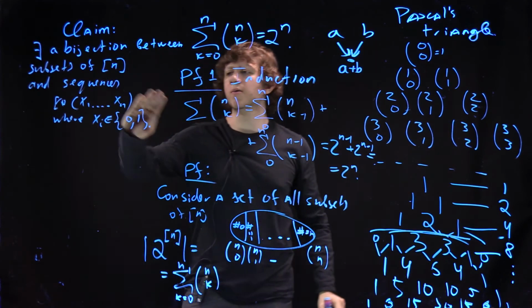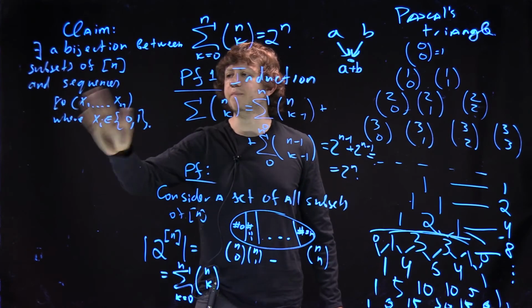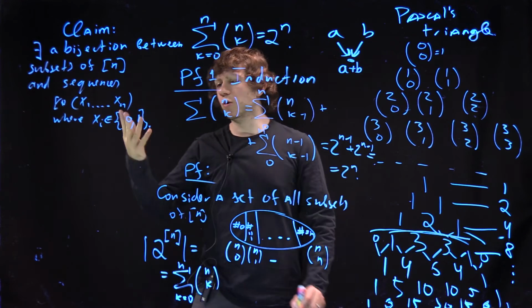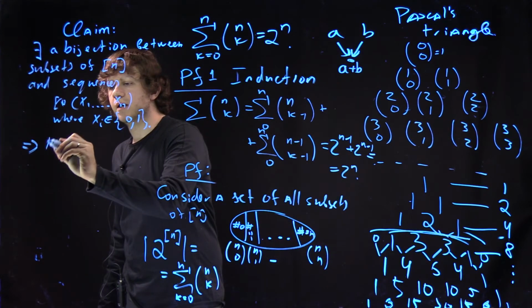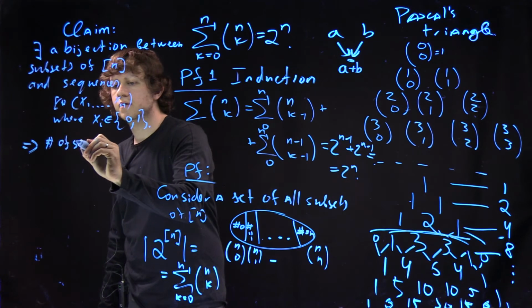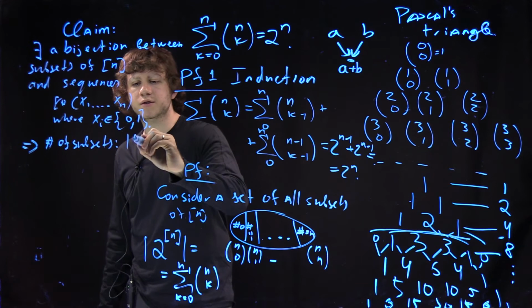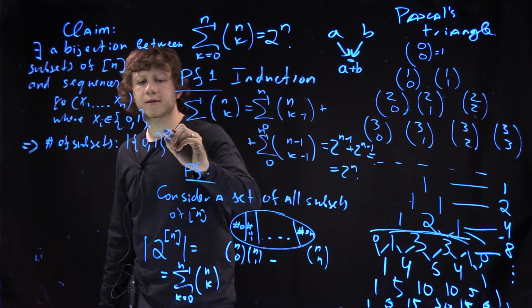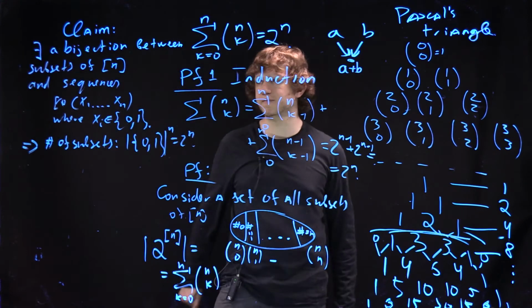You should think of it as computer science bit sequences. So of course the number of subsets is just equal to the cardinality of {0,1} power n, which is 2 power n. So this implies the result.